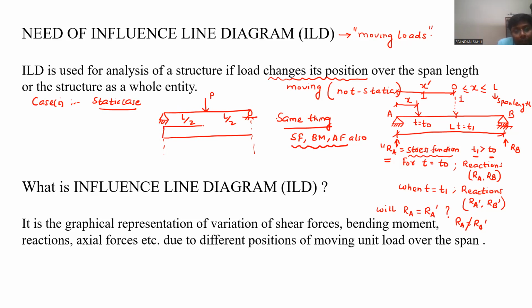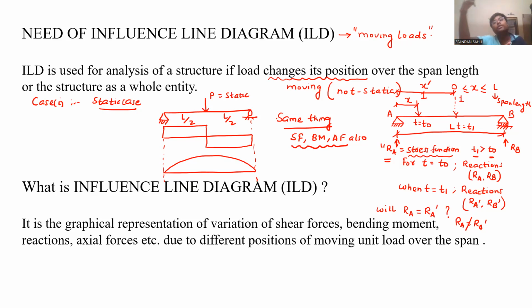it will be like this. And the bending moment diagram will somewhat come out like this. And this load is static. At t equal to 0 also the load was at midspan.